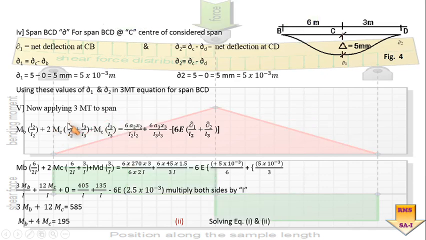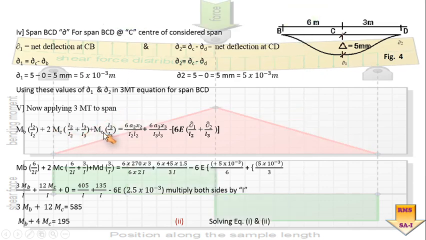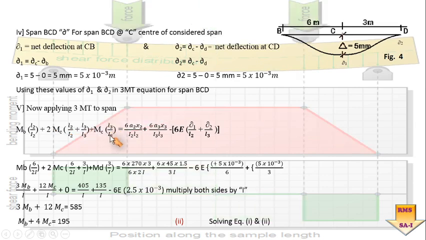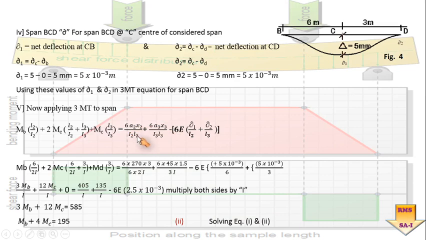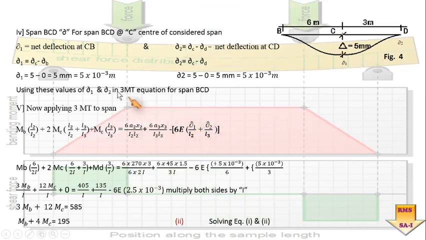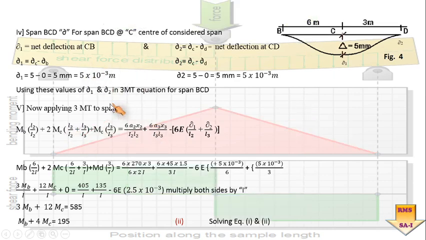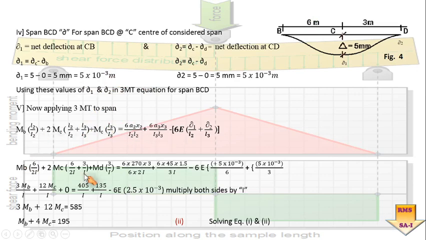Similarly 2MC times L2 by I2 plus L3 by I3, plus MC L3 by I3. On the right hand side, A2 X2 and A3 X3 along with I2, L2, I3, L3 are occurring. Similarly delta 1 and delta 2 we have already worked out. So putting all these values in this governing equation, I get this new equation.